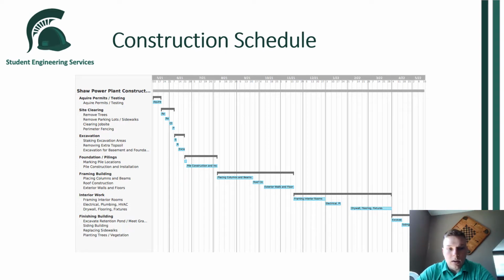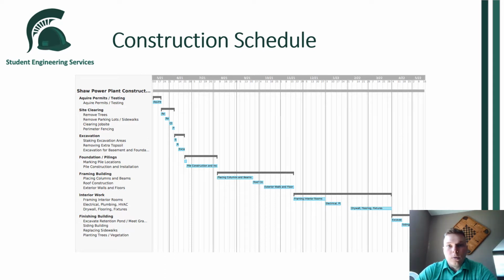That will be followed up by framing the building. That will be when the building kind of comes to life and we get the beams and columns in place, and then we'll have the roof construction and the exterior walls constructed, and then our plan is to have that completed by the middle of November.